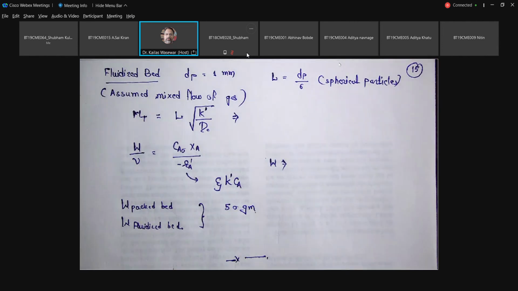Yes, what is the value of catalyst loading?